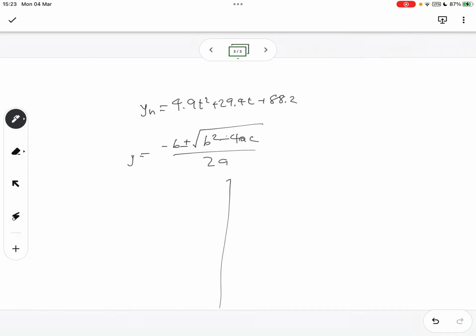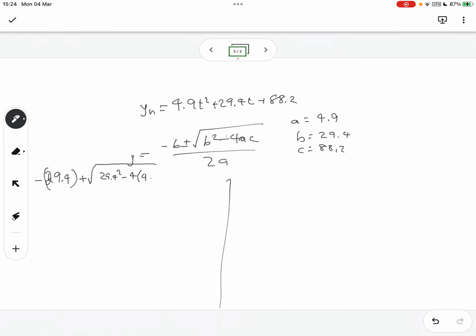I want to see if we can't use this, and then say A is 4.9, B is 29.4, and C is 88.2.